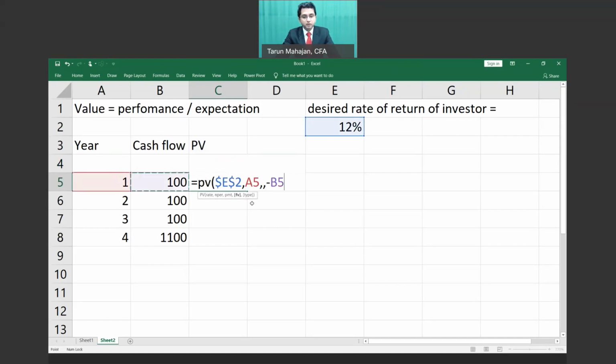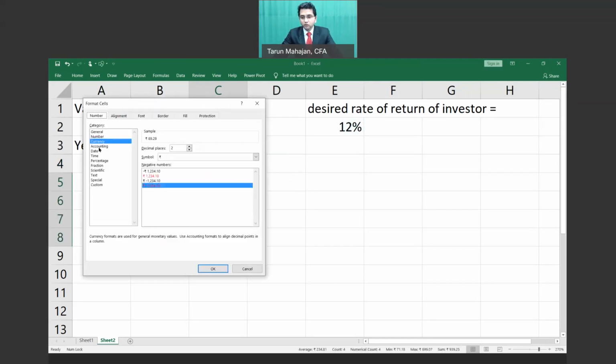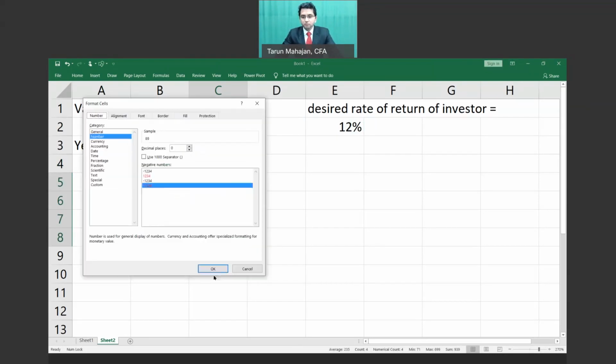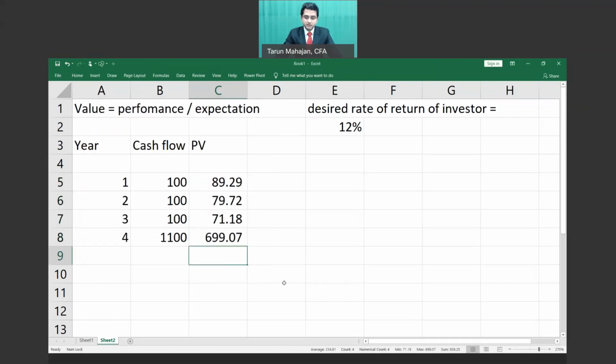When I calculate present value of all these cash flows, it is like this. Or if you want more accurate answer, I can say up to 2 decimal places. And then I make a total. So this is actually fair value of the bond.